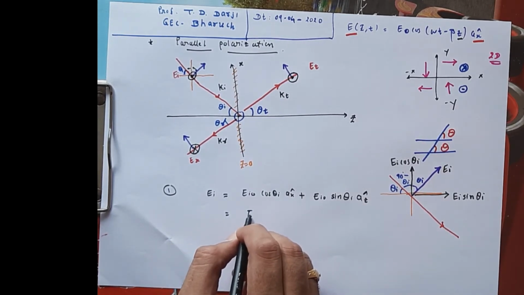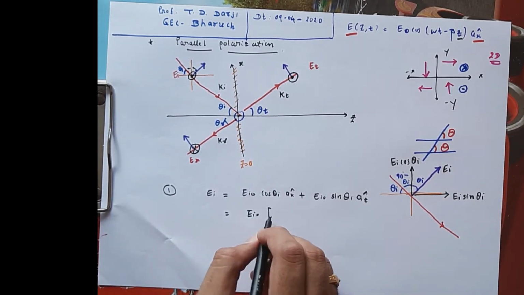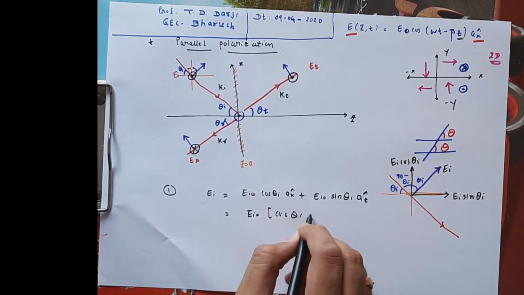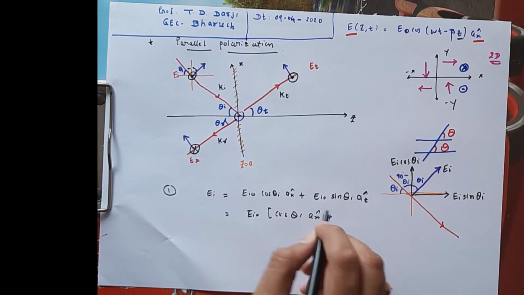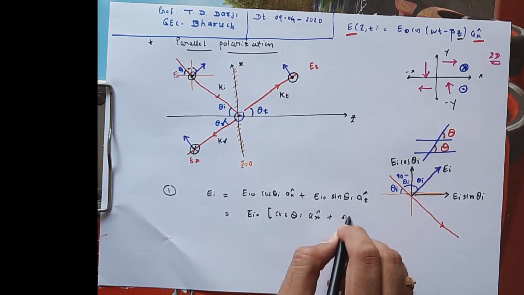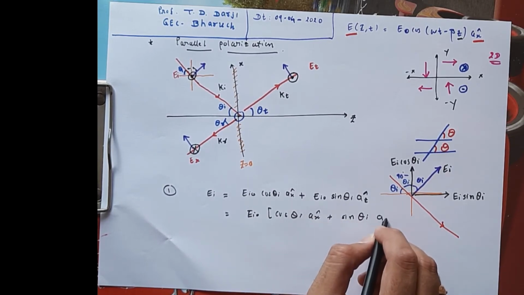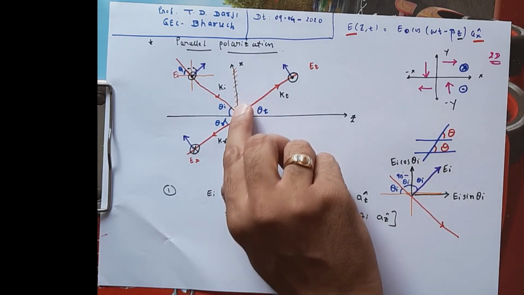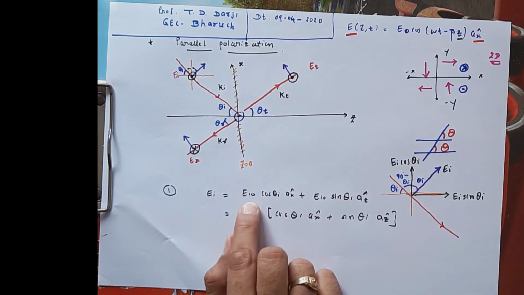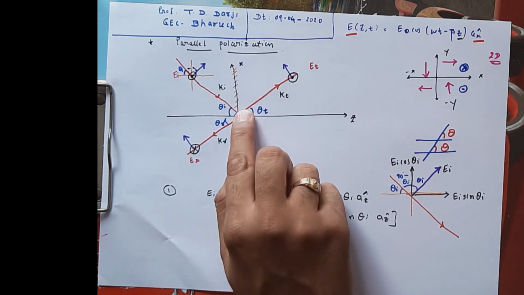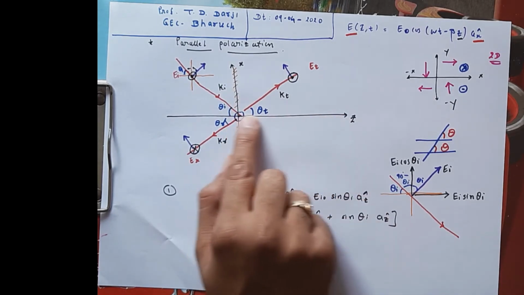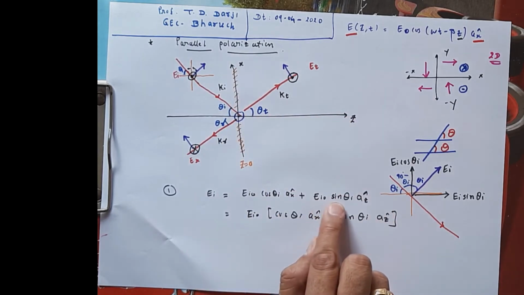So simply, EIO in the bracket, cos theta I AX plus sin theta I AZ. Which component is parallel to the x-axis? Of course, EIO cos theta I AX is in the same direction as x. And which component is parallel to the z-axis? EIO sin theta I AZ.